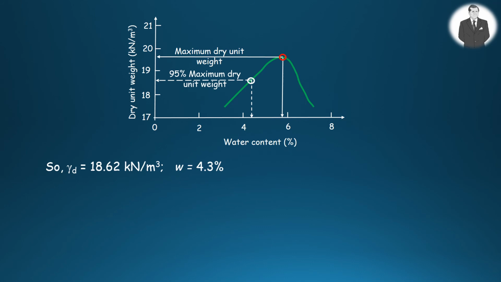So the 95% dry density is 18.62 kilonewton per cubic meter, and the corresponding water content is 4.3.